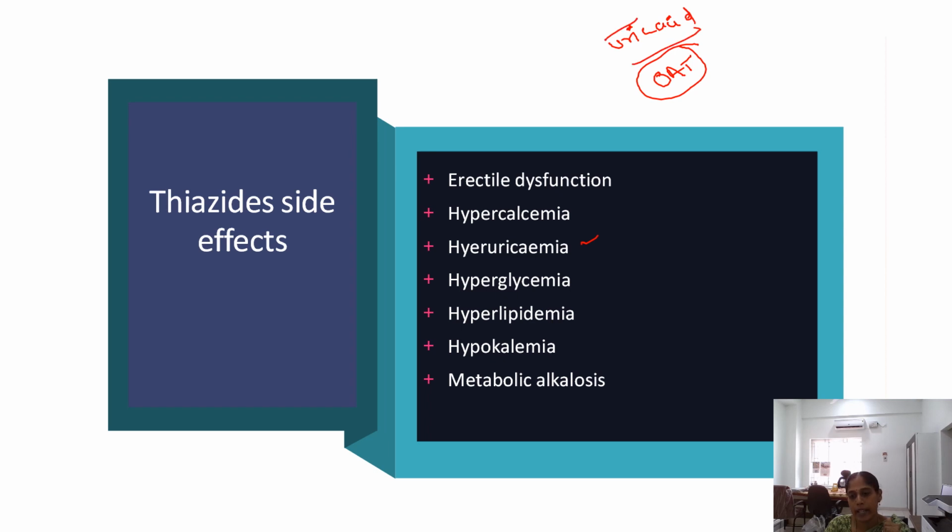Uric acid is also secreted via this transporter. So uric acid and thiazides compete for secretion via this transporter. What happens? Thiazide competes, so uric acid accumulates, and there will be hyperuricemia.